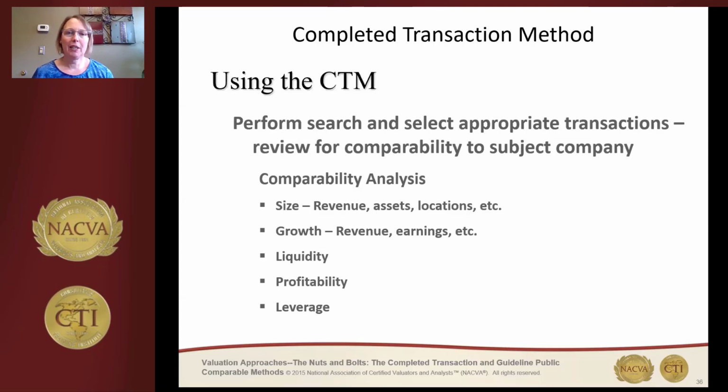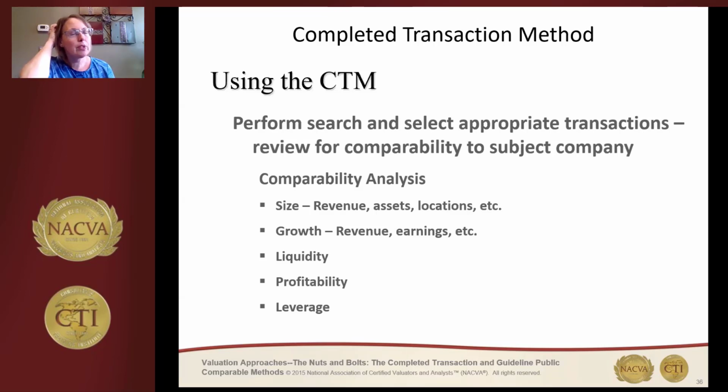So if you're doing a completed transaction method, you first want to perform your search. You're going to go into a database like Done Deals or BizComps and say, okay, here's what I'm looking for. Typically how I like to start, and it's preference of the evaluator, there are different ways you could do this, is with what industry I operate in.